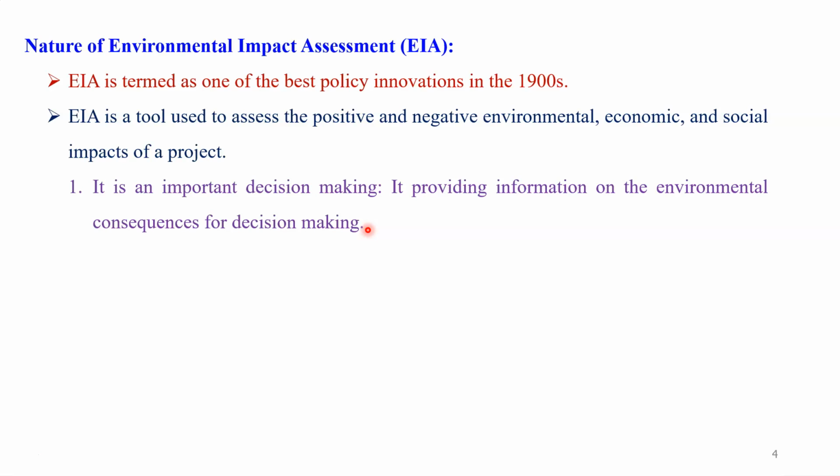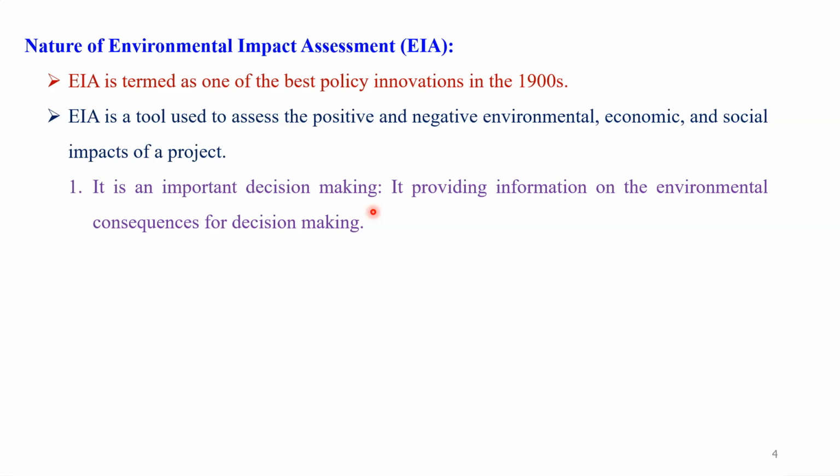Even during the last lecture I explained to you that it is a very important decision making tool, because with the help of this process we are able to finalize our decision whether that new project or whatever work we have should continue for the future or not.